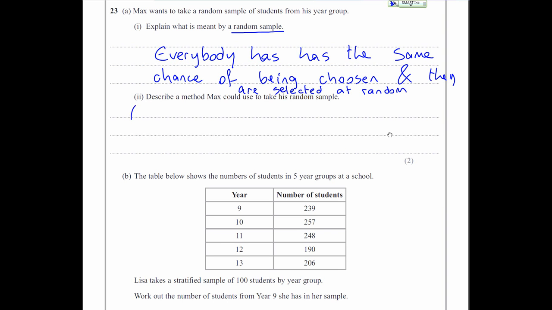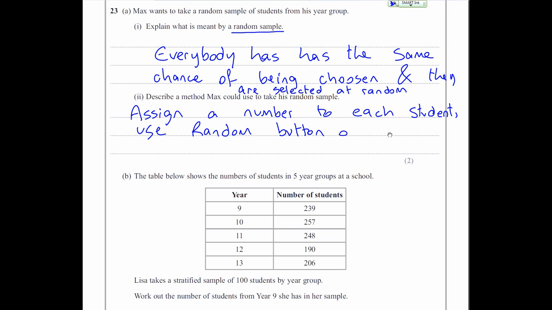You could assign a number to each student, and then you could use the random button on your calculator or on Excel, whatever you want, to select numbers and pick those students. Just think how you do it in real life to make it random and fair. Lots of different ways you could do it.